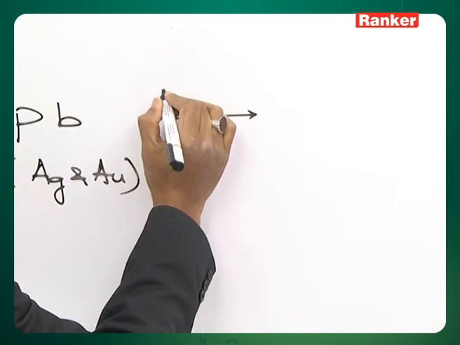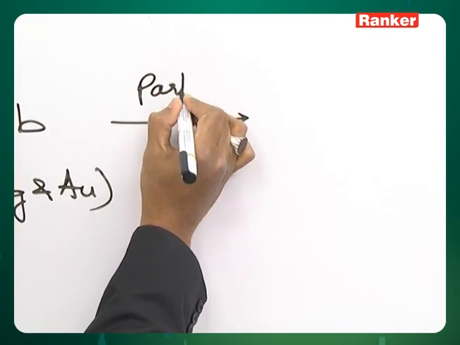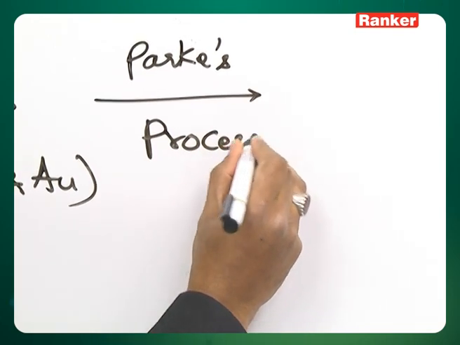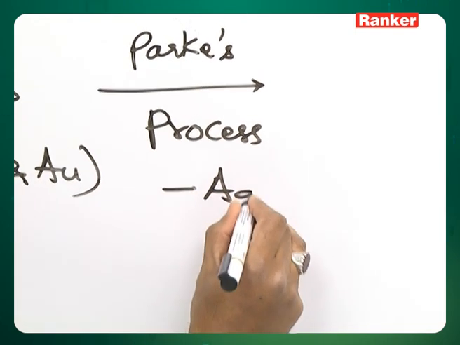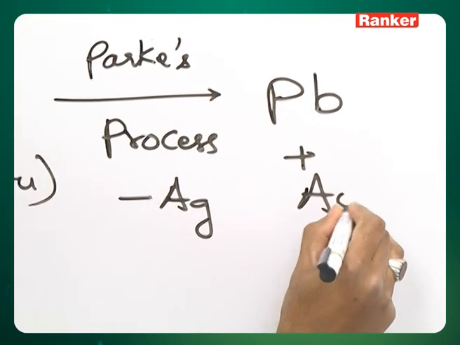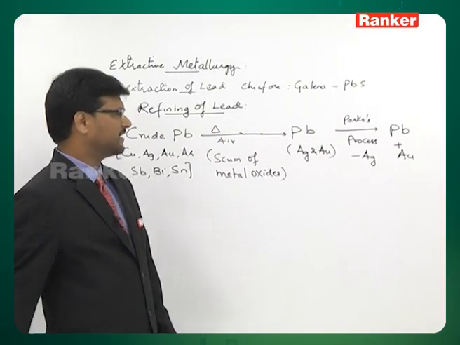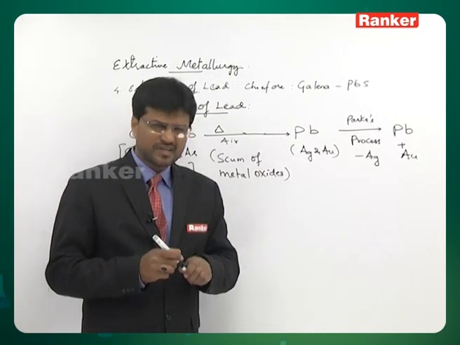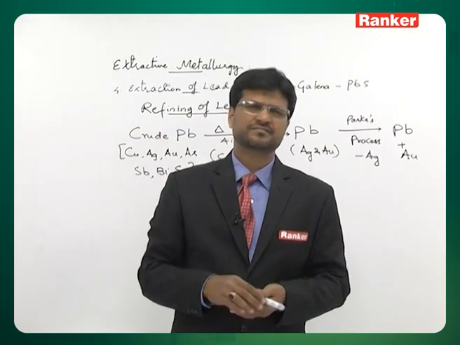Now you do what is called the Parkes process. This will remove silver. Now this time you have lead along with gold. Now I'll explain what the Parkes process is. Here we add zinc.